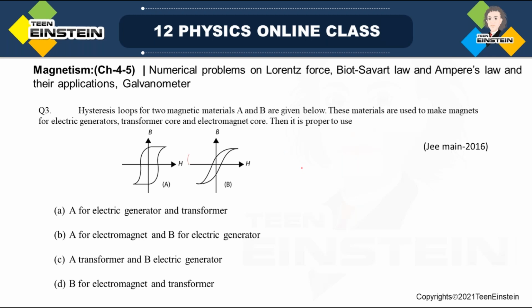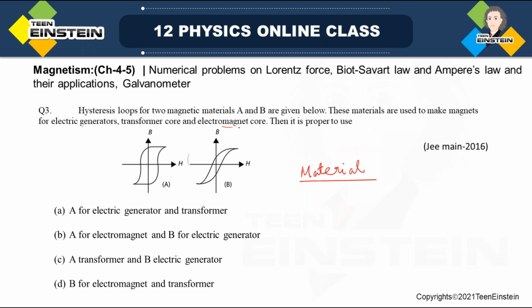There are two different magnetic materials, and you have to find out which one can be used for making an electromagnet, transformer core, or generator. The material A is called a hard magnetic material.